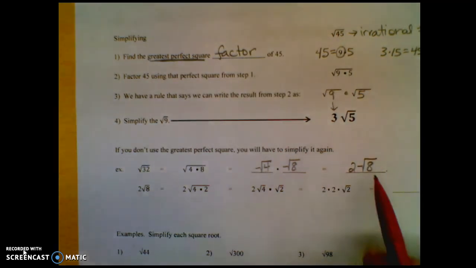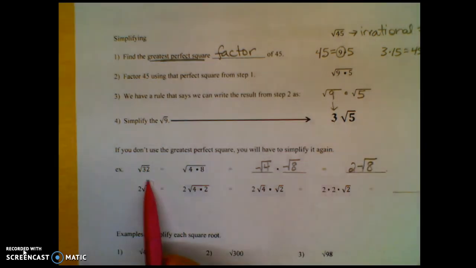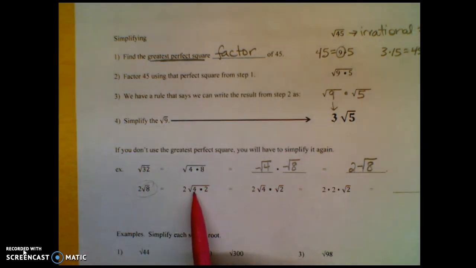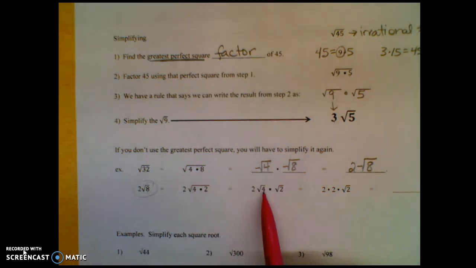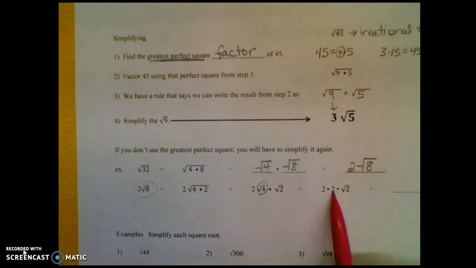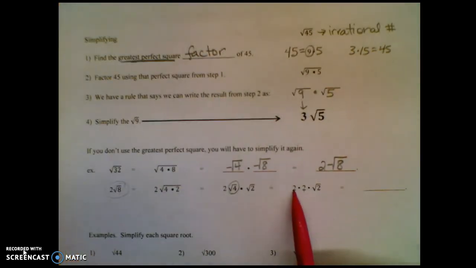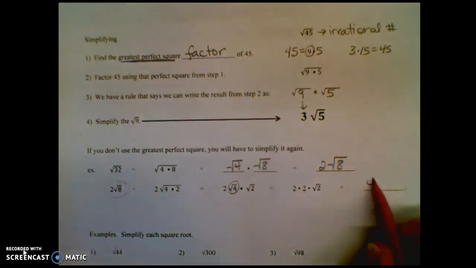But if we look down here, 2 square root of 8 actually simplifies again. So this 8 is 4 times 2. So we can break this up into square root of 4 times square root of 2. Square root of 4 simplifies again to be whole number 2. So then we have 2 times 2, which is 4, and we have a square root of 2 left over.